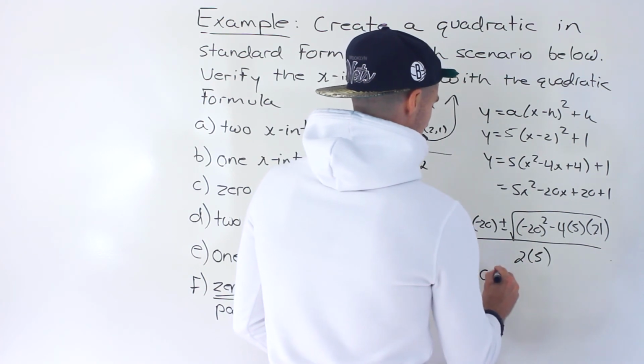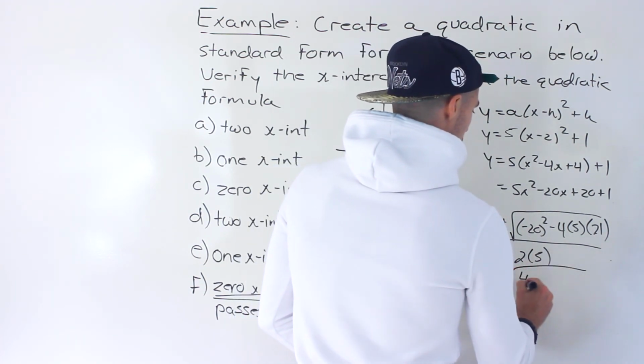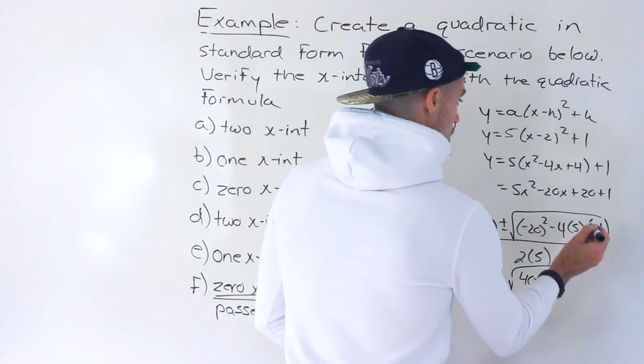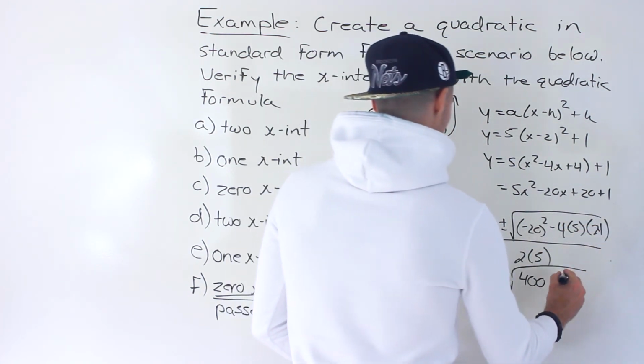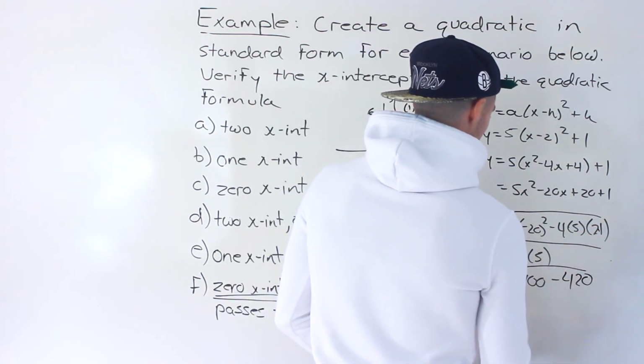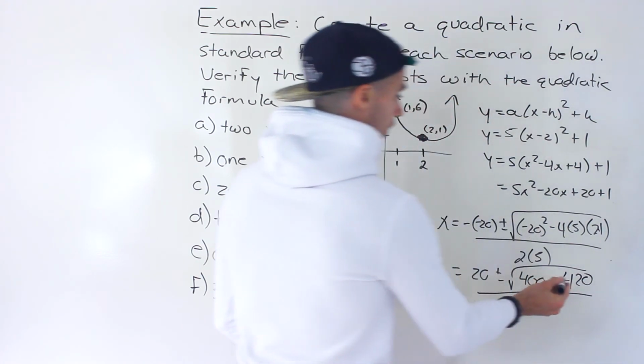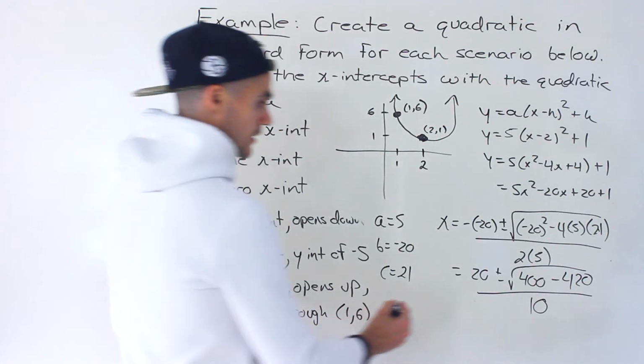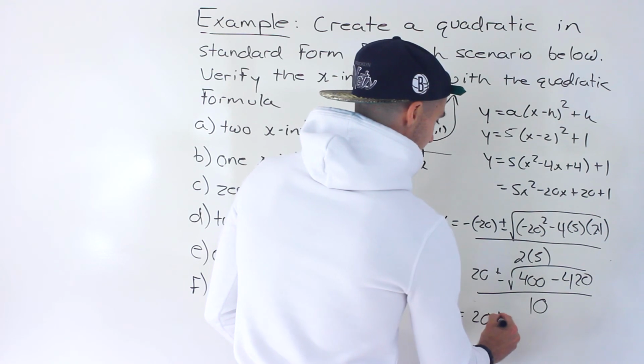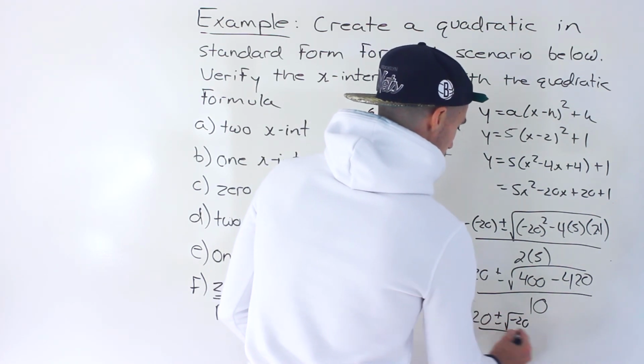So this would be 20, plus or minus, this would be 400 minus 20 times 21 would give us 420. So as expected, 400 minus 420, notice we end up with negative 20 in the square root.